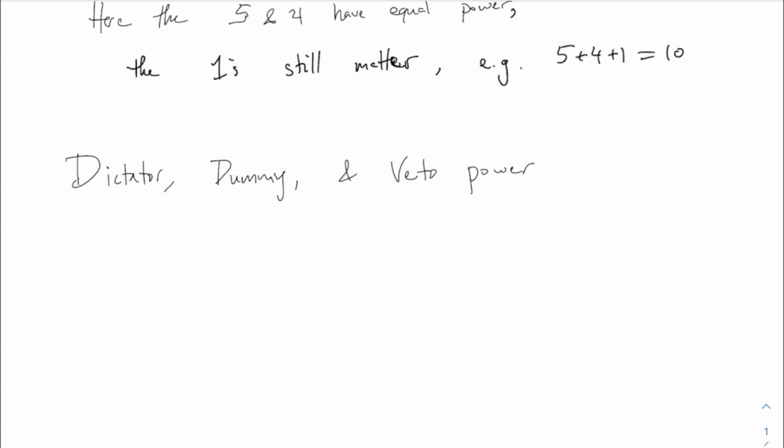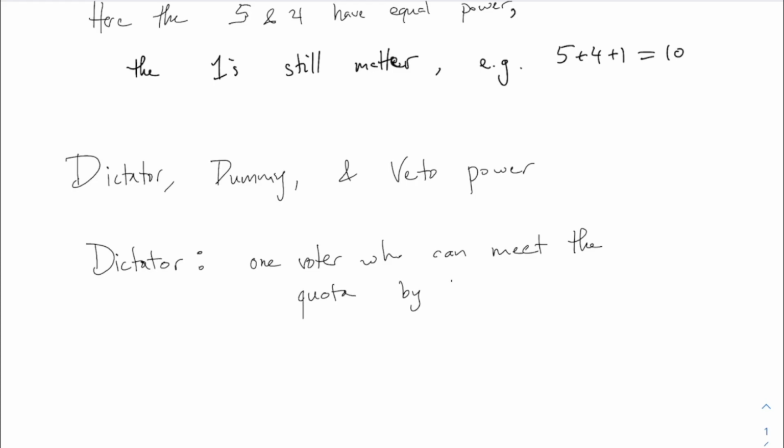So dictator means, this is sort of the easiest one to analyze. Dictator. This is someone, one voter who can meet the quota by themselves. That is like their weight is already equal or bigger than the quota. That's called a dictator.